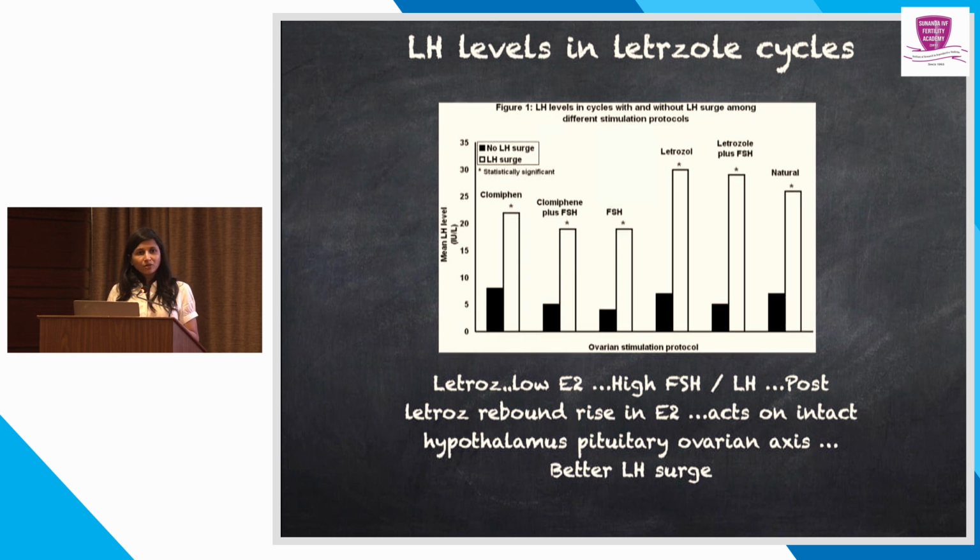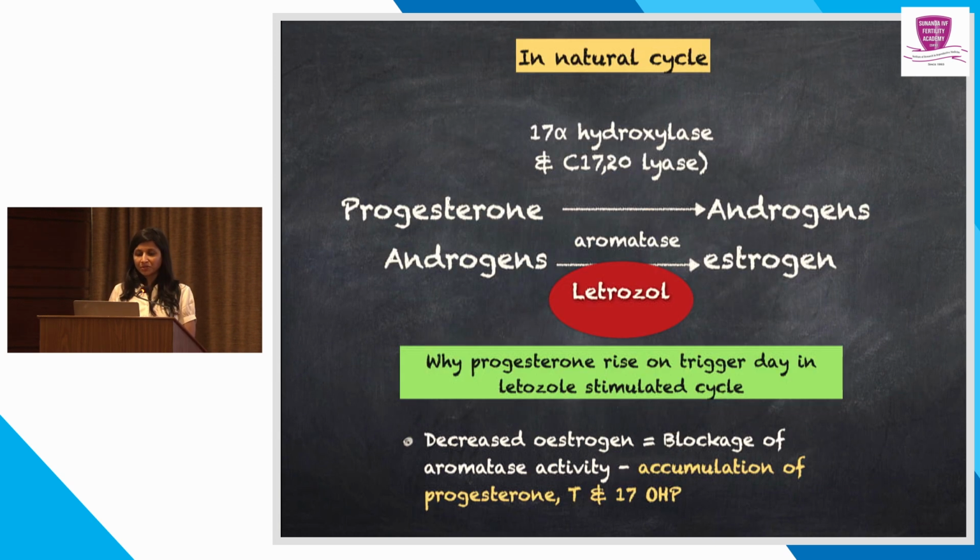So post letrozole, once you stop the letrozole, the receptors are hungrily waiting for the estrogen which is going to be generated by the dominant follicle, and that will give a feedback to the hypothalamus-pituitary-ovarian axis. So the amount of LH which is released is more, and that is why LH levels in a letrozole cycle are better, at par or more compared to clomiphene citrate.